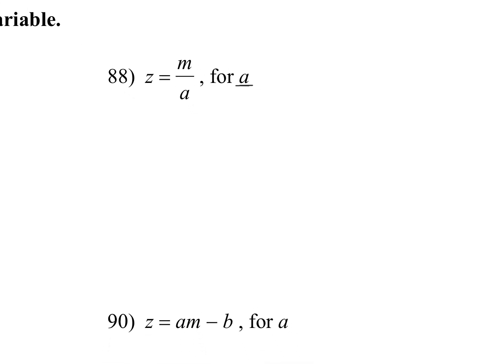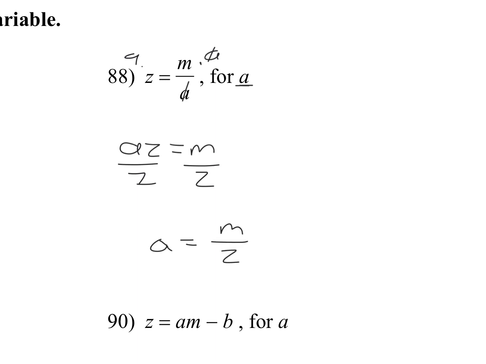Multiply everything by A. We want to get rid of that fraction. So on the left, I get AZ equals M. Then divide by Z. So we get A equals M divided by Z. Are we done? Yes, because A is by itself.